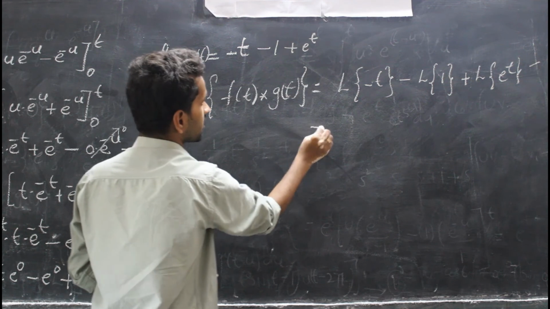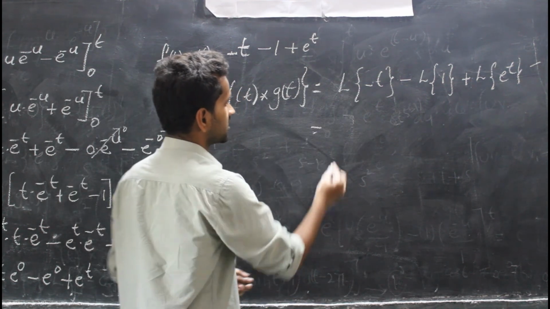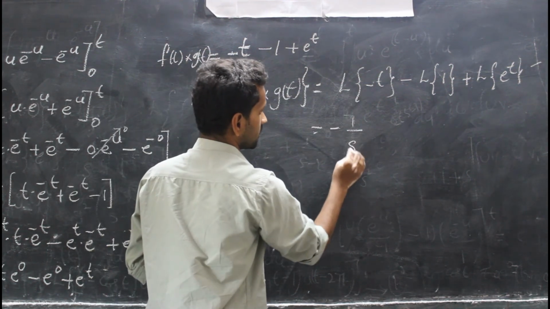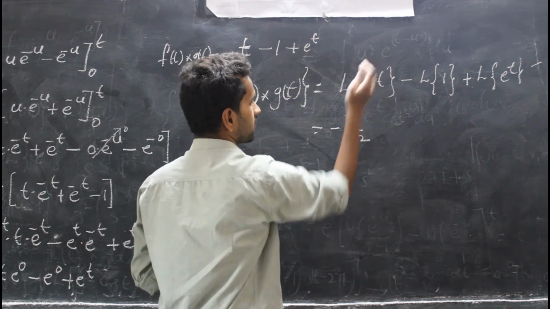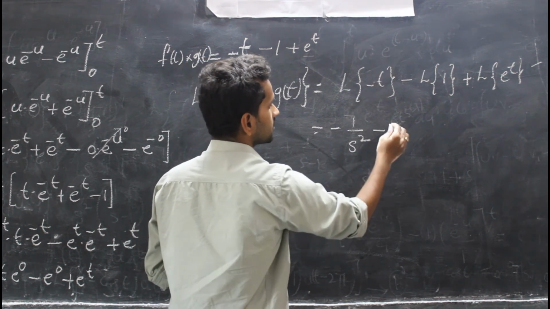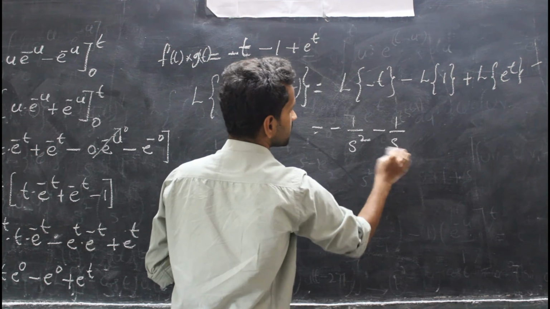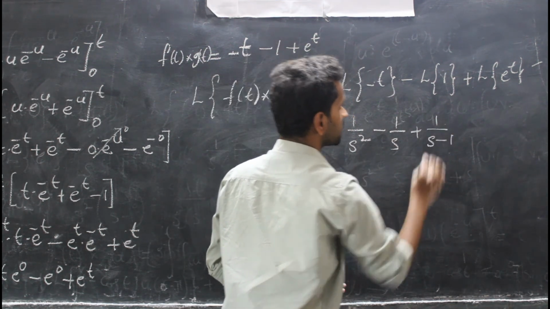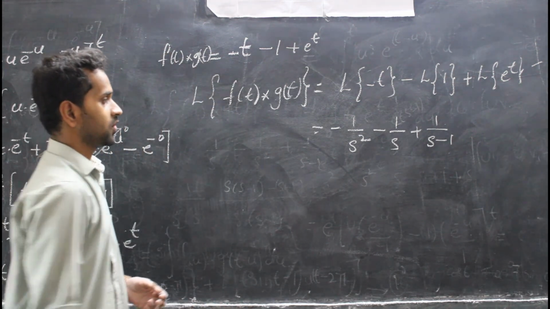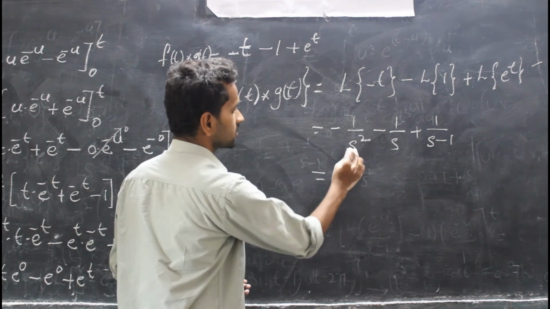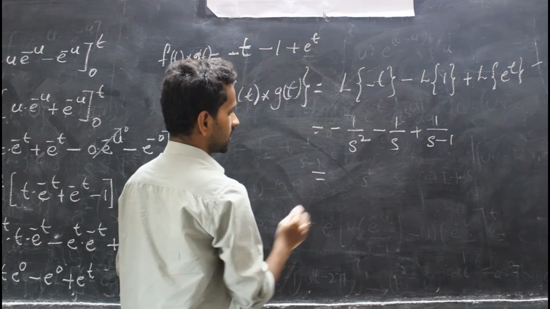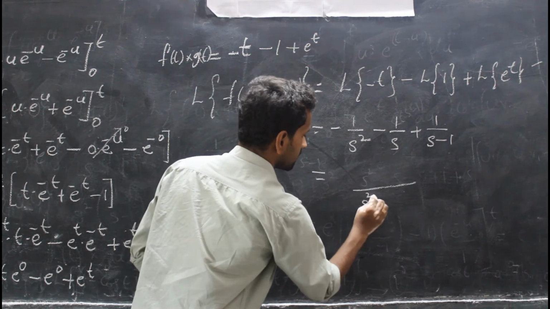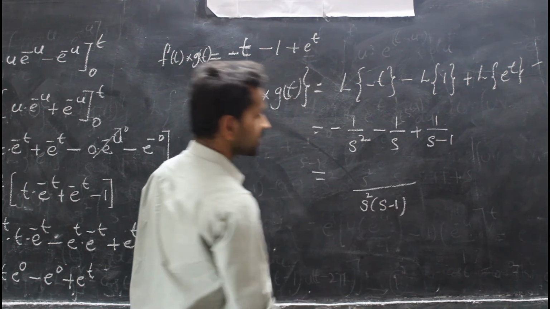So now this becomes: Laplace transform of minus t becomes minus 1 by s square, minus Laplace transform of 1 becomes 1 by s, plus 1 by s minus 1 will be my Laplace transform of e to the power of t. So now I will consider the LCM. When I consider the LCM, s square into s minus 1 will be my LCM.